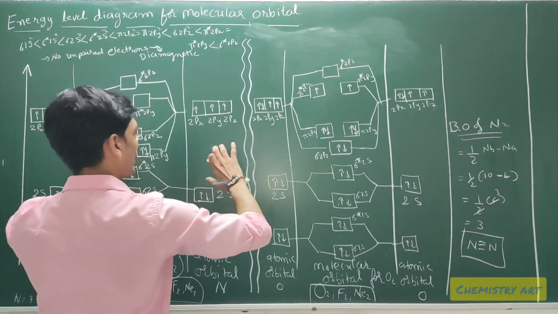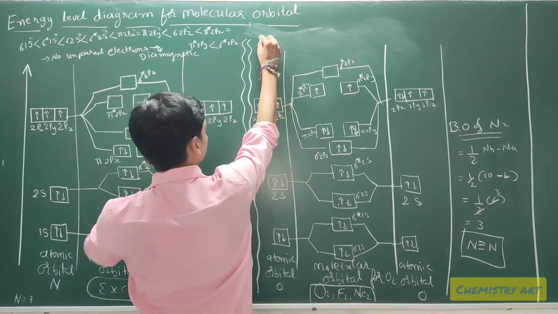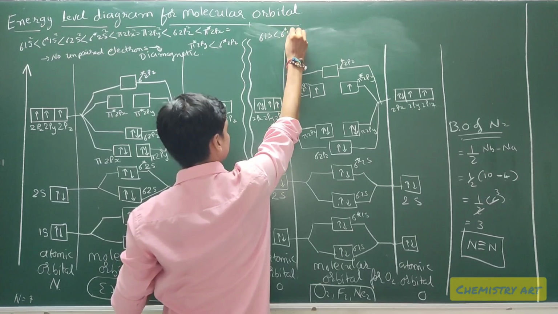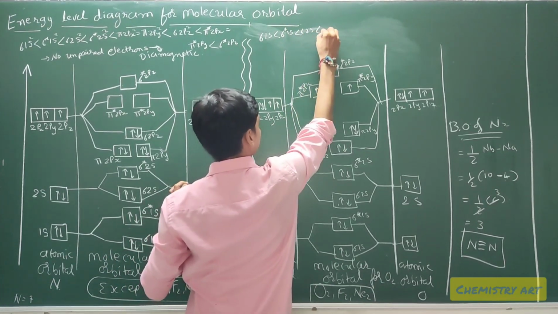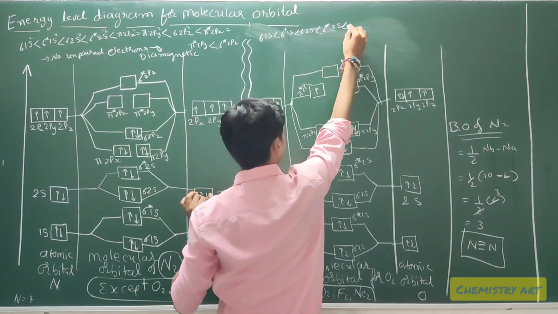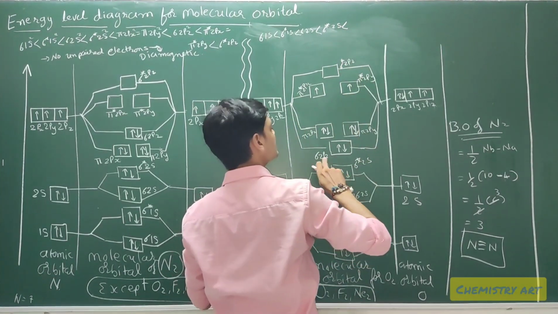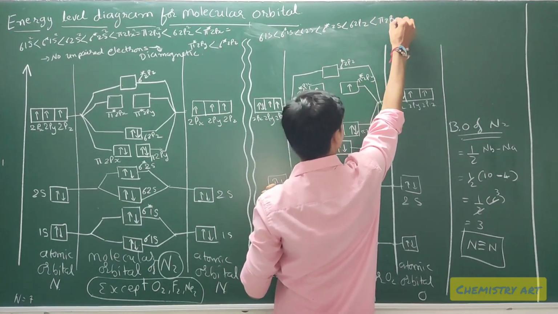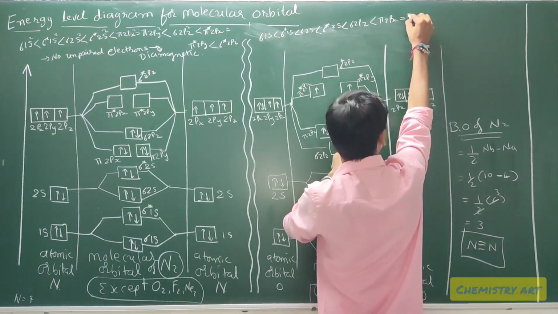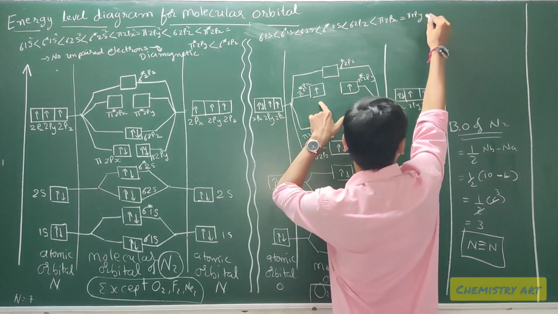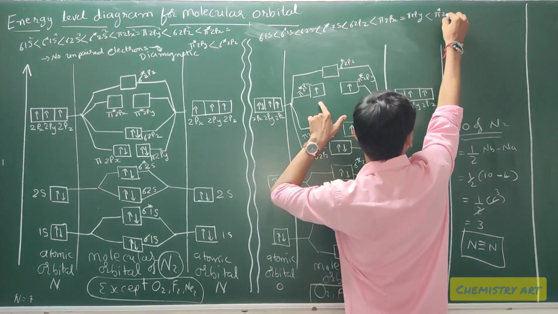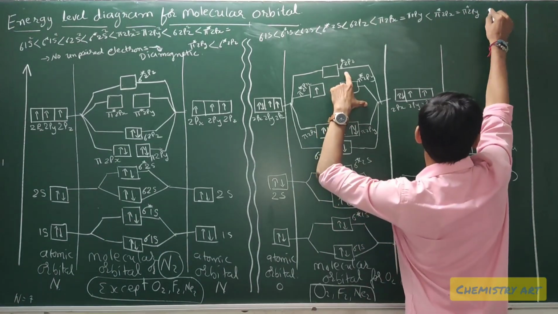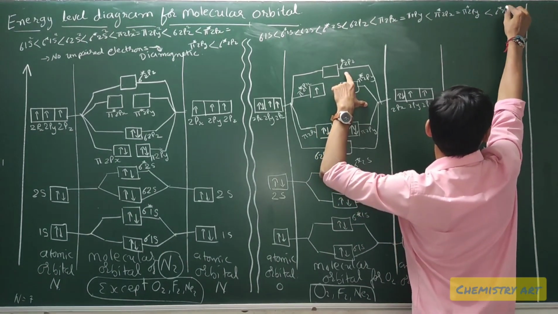You can see the order is different, and I can write it: first sigma 1s, then sigma star 1s, then sigma 2s, then sigma star 2s, then sigma 2pz, then pi 2px, which has the same energy as pi 2py, then pi star 2px, also having the same energy as pi star 2py, and lastly sigma star 2pz.